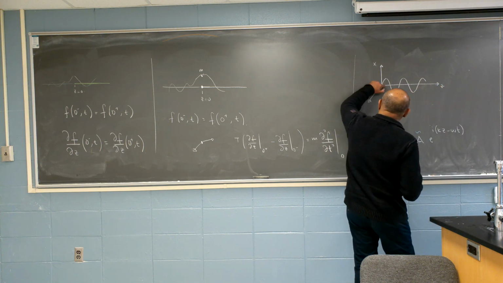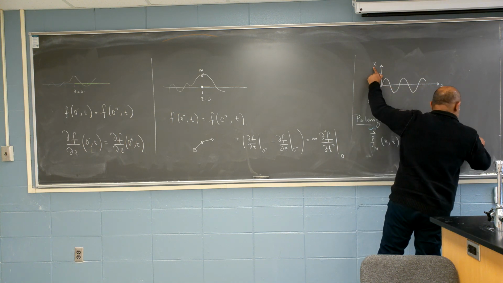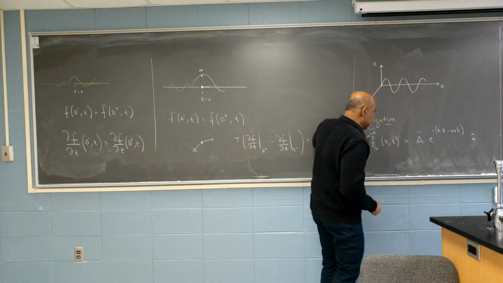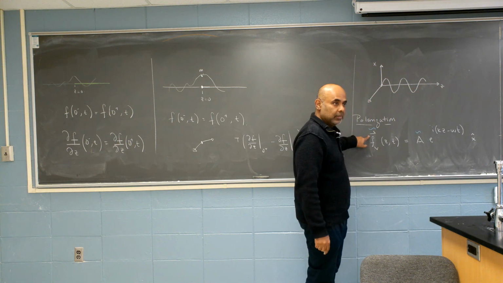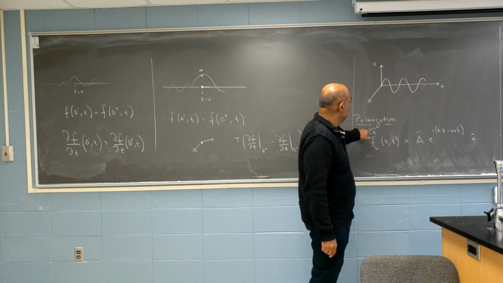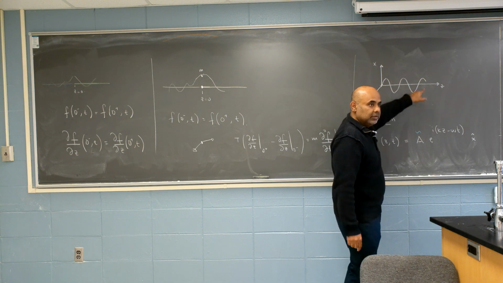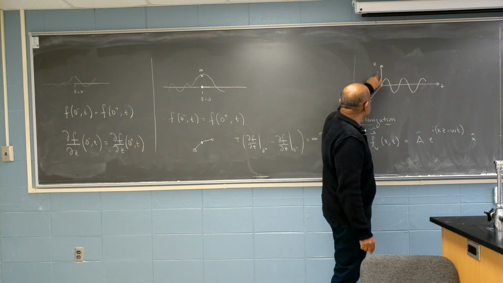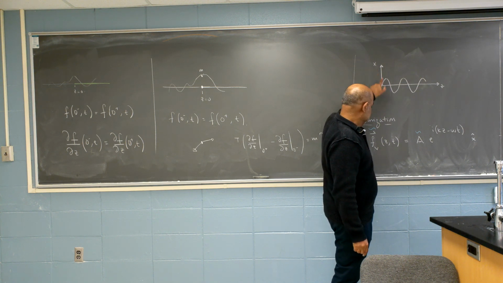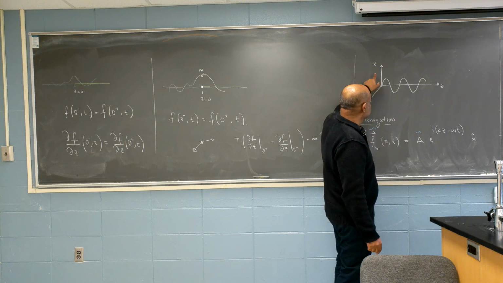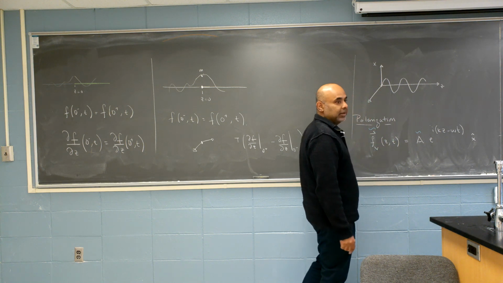But the wave itself is in the x direction, so I'm going to make it an x hat because I made this a vector. Things are actually going in the vertical. I know it's confusing, but it's in the XZ plane.